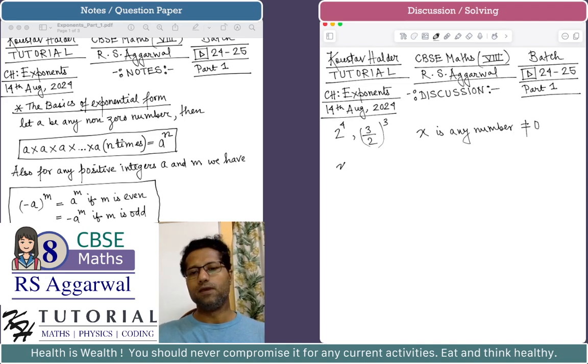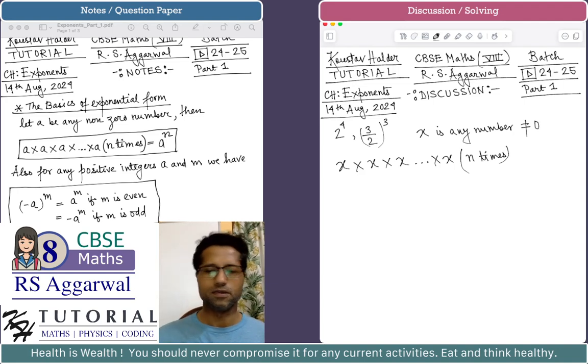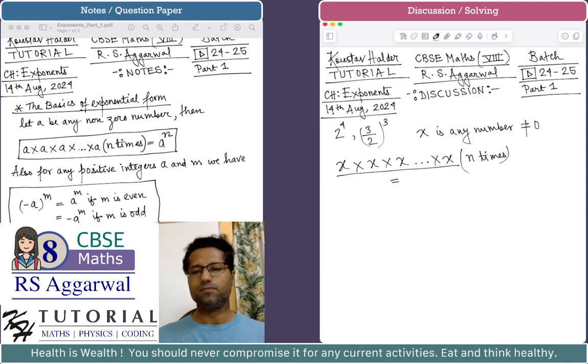Now when we multiply this rational number x, let's say n times, where definitely n is a positive integer, that is, it could be 1, 2, 3, 4, 5, 6, we use the exponential form as a shorthand of this number.